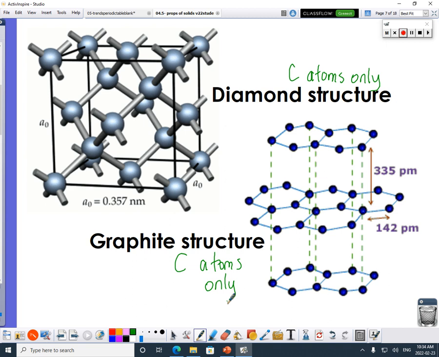Graphite is what is in your pencil. I know we say lead, but it's not lead, it's actually graphite. Because it's organized in sheets, it can be sharpened, it can be manipulated. It is a lot softer than diamond. And diamond has been put under so much pressure to compress it that it looks much different than graphite as well.